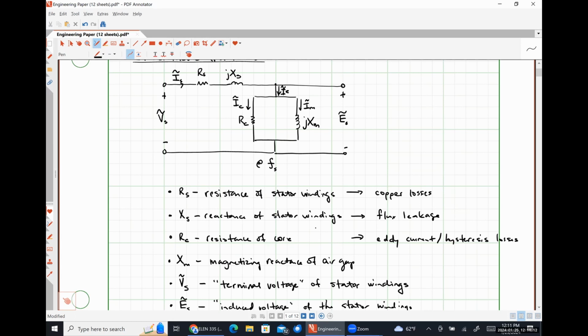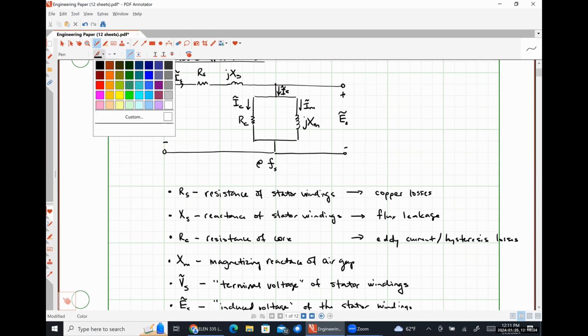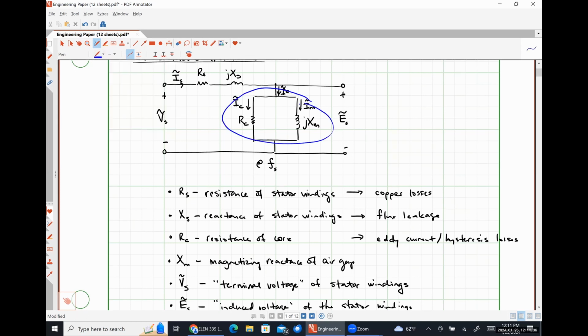So in a transformer, our current I sub E, our magnetizing current was usually very, very small. And so because our magnetizing current was very, very small, we effectively said that, well, that means the impedance of our shunt branch here in the middle, let me just throw a circle around it, must be very, very large.